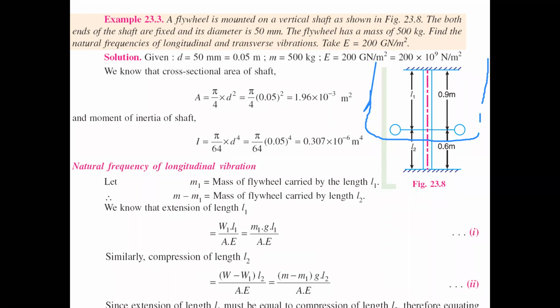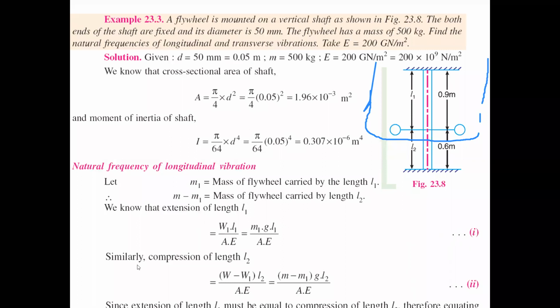That is WL by AE, a simple formula. Considering only up to this place, W1 L1 by AE. W1 is also written as m1 g L1 by AE. Let us take this as equation number 1.